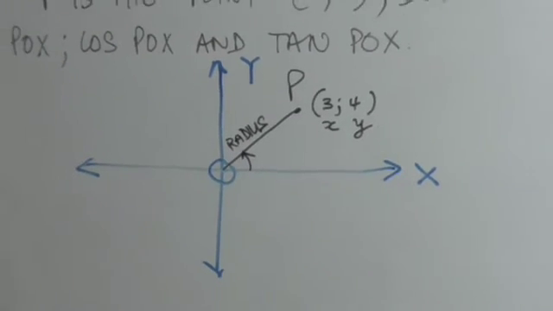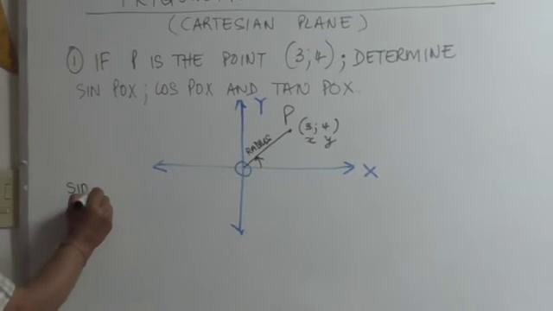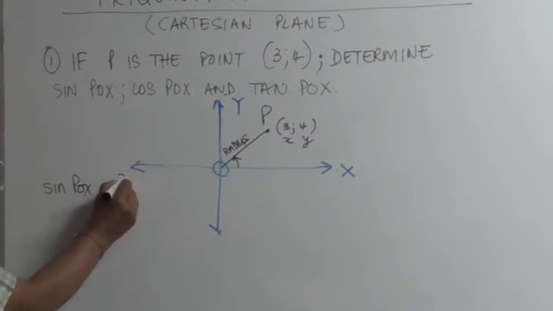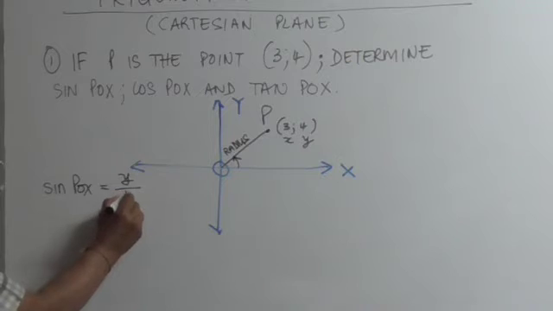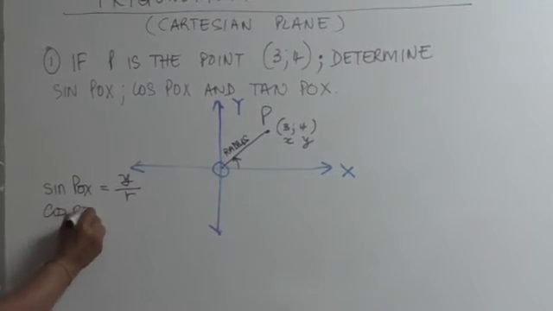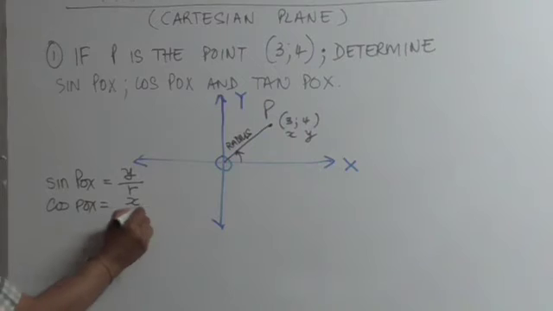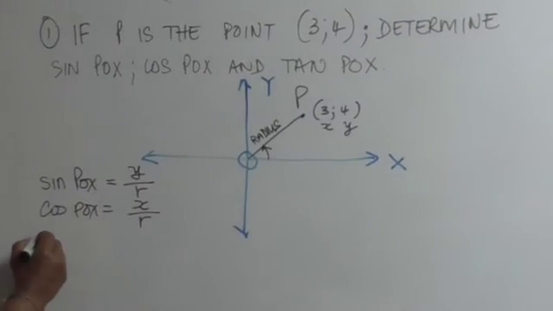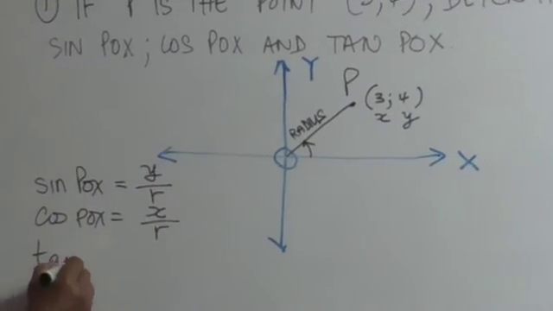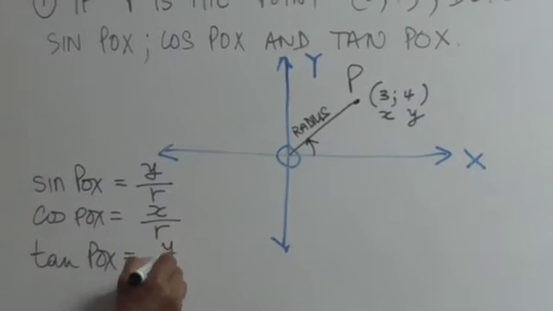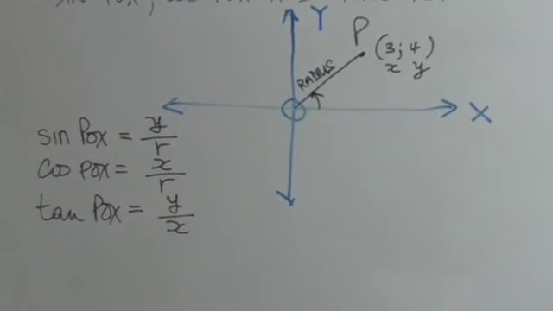In the Cartesian plane, sine POX is equal to y over r. Cos POX is equal to x over r. R is for radius, and tan POX is equal to y over x.